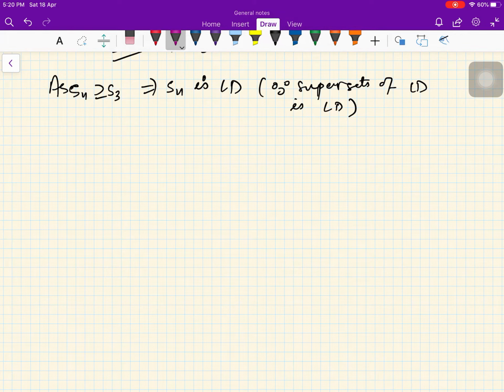Now there is one last thing which I want to tell about linearly dependent sets before we move on to the important concept of basis and dimension.